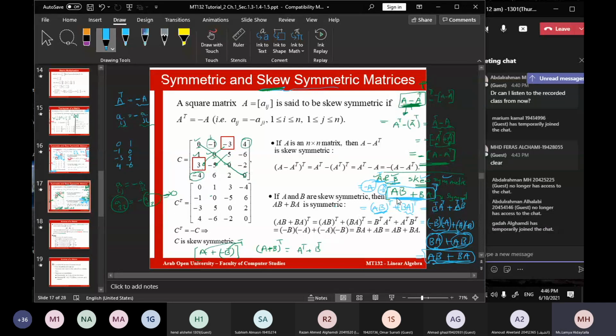I started from the transpose of the matrix and I am getting the same matrix again. So that means it is symmetric. Okay? So when we take A and B skew symmetric and then multiply AB or BA and add them, we reach at the end not a skew symmetric matrix, but a symmetric matrix. Clear?